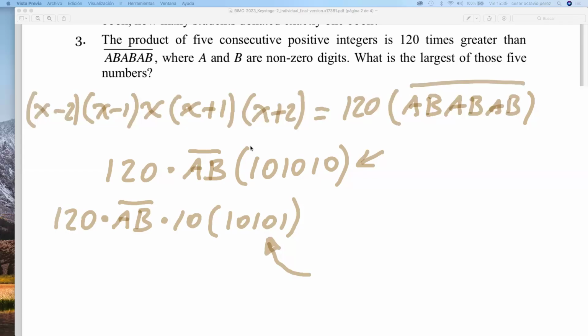Do you understand what we are making? We are factoring the number. Let's try to factor this so we can see. What do we get if we factor this number?